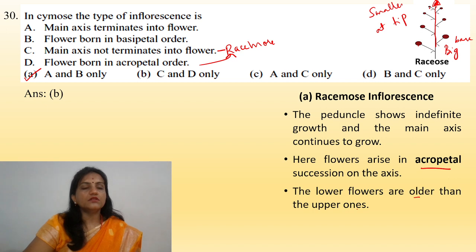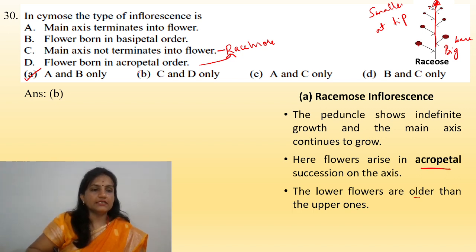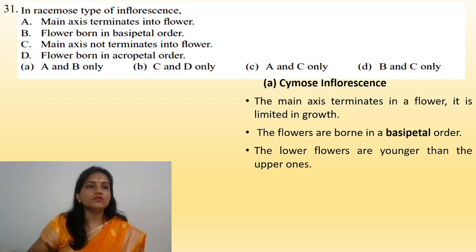In cymose, the type of inflorescence is: main axis terminates into flower, flower borne in basipetal order. I think this has been typed wrong. This is a typo error. Actually, it is A and B. It is not B, it must be A. Okay. Let's go for the racemose.